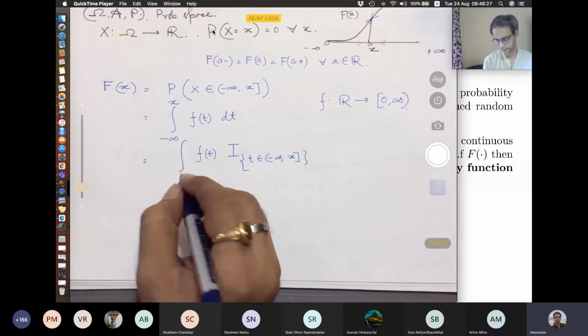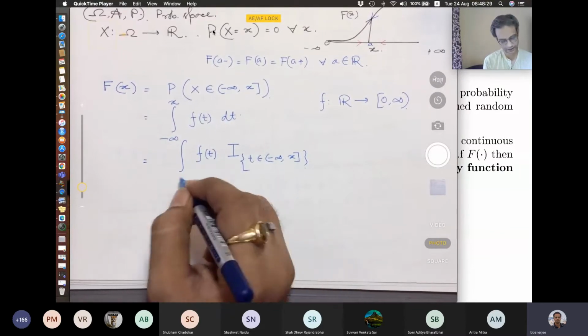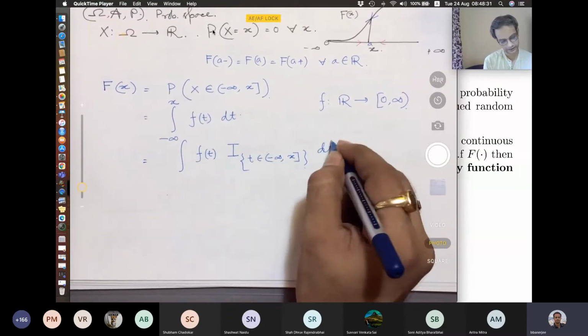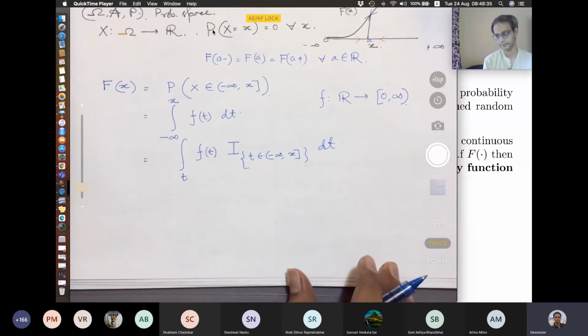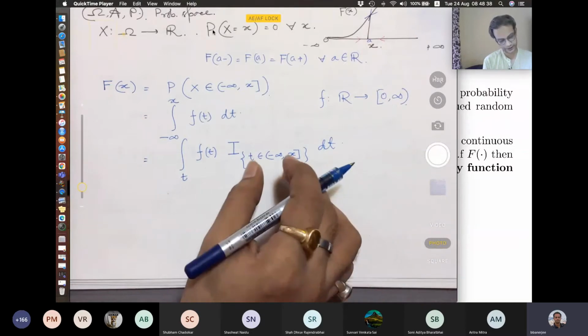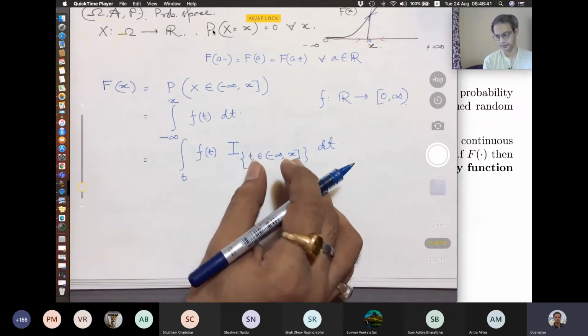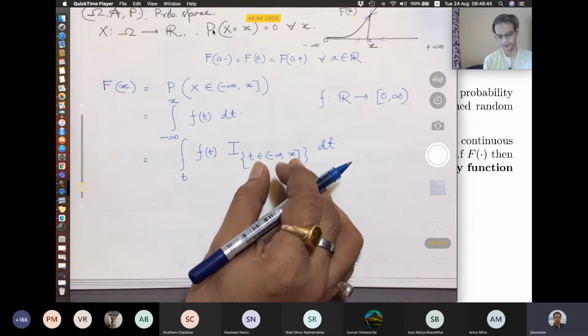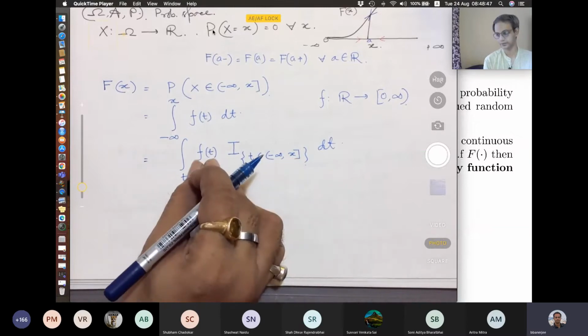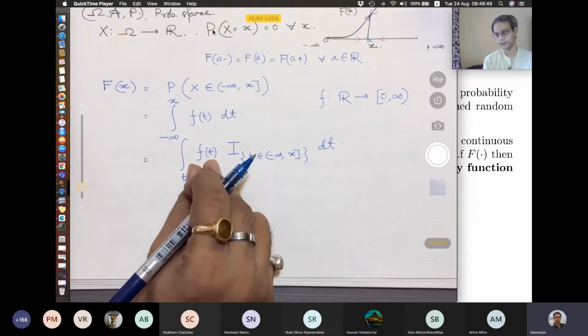Now I can write minus infinity to plus infinity, or in general let us leave it writing as t. So whatever set you are specifying here, that condition must be satisfied. This thing has to be greater than 0.